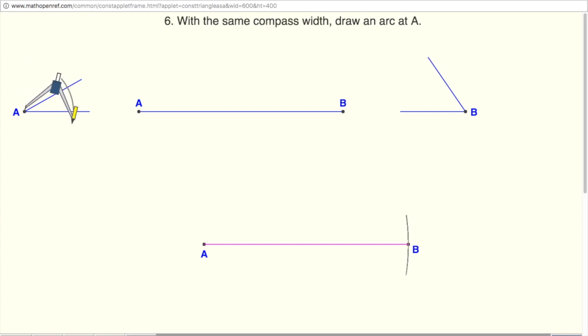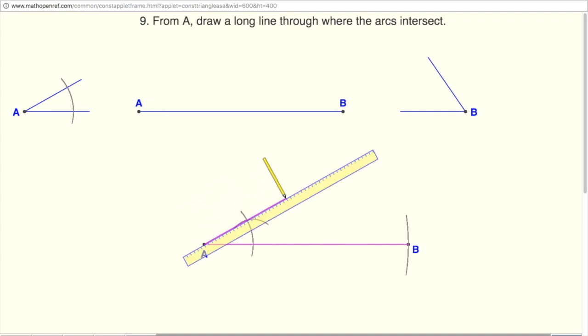Then with the same compass width, draw an arc at A. Then set the compass width to the arc width at angle A. In this case, what we're doing is we're copying an angle here. So draw an arc in a similar position at triangle vertex A. So we copy the angle, and then from A, draw the line where the arc intersects.